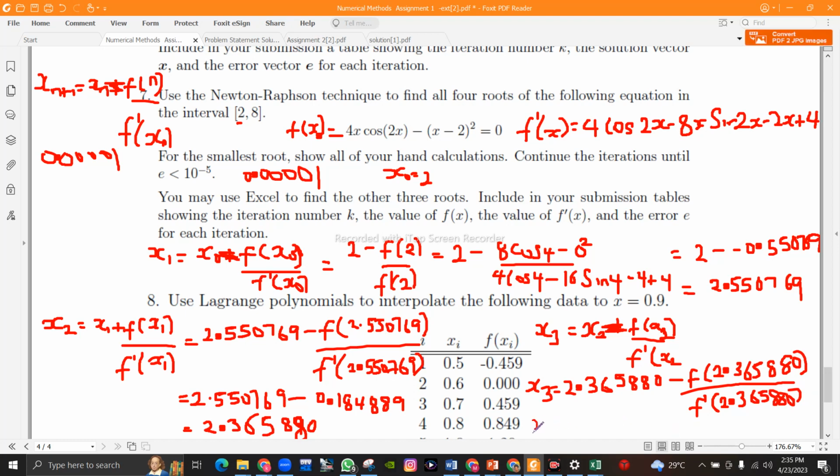So that means my x3 is equal to, let's do that, 2.365880 equals to, now put it in f of x, open brackets, 4 shift answer cos 2 shift answer minus bracket shift answer minus 2 bracket close squared, close the bracket, and divided by the other one, which is f prime of x, 4 cos 2 shift answer, 2 shift answer minus 8 answer minus 8 shift answer sine 2 shift answer. I'm pressing everything once.